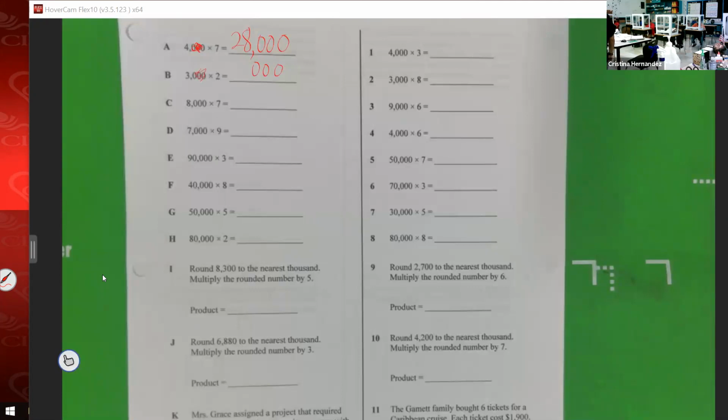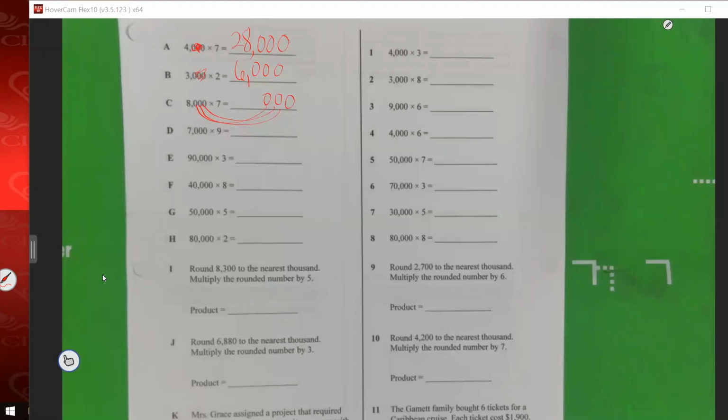And what do we get? 6. How many trailing zeros on C are moving over? 3. 1, 2, 3. And then 8 times 7 is what? 56. Yeah, good job.